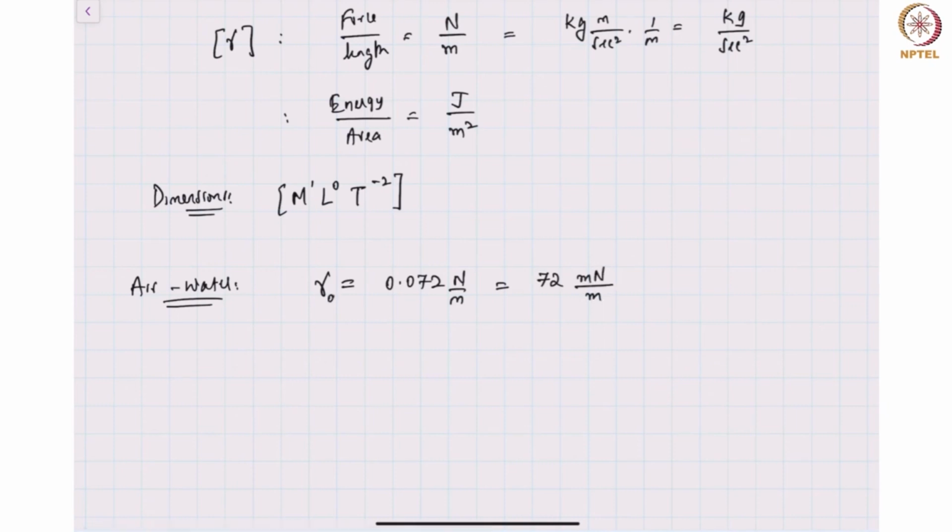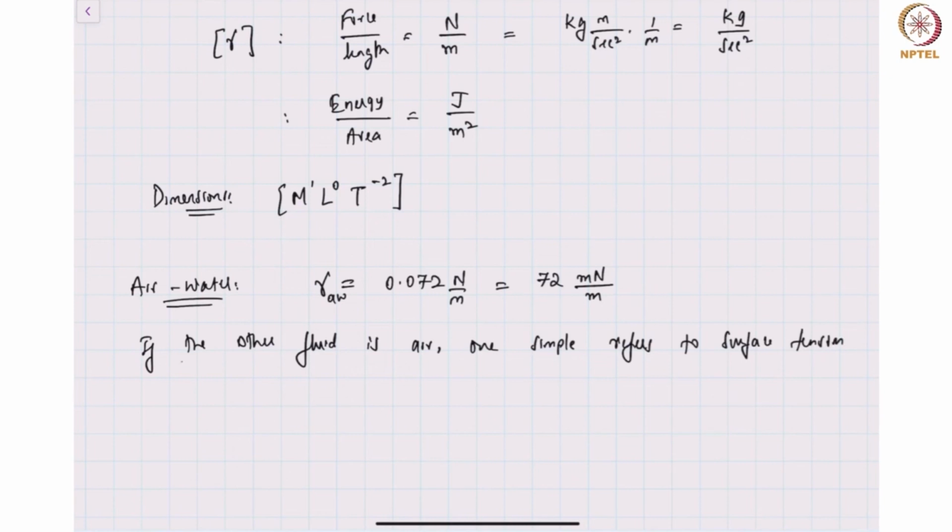This is air-water. But whenever you have air-water, there's an important convention. If the other fluid is air, one simply refers to surface tension for a single fluid.